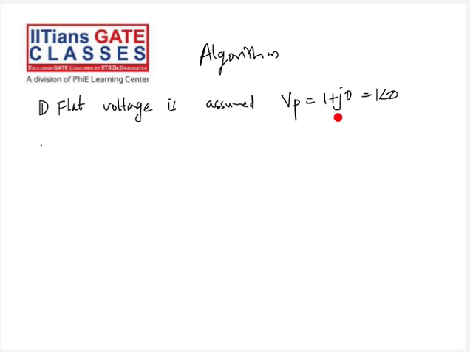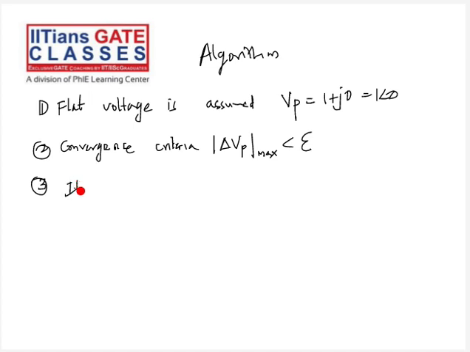Right? So then step 3 is that we have to have an iteration count. The iteration count is set as 1, right? And in step 4, we set the bus count as 1.